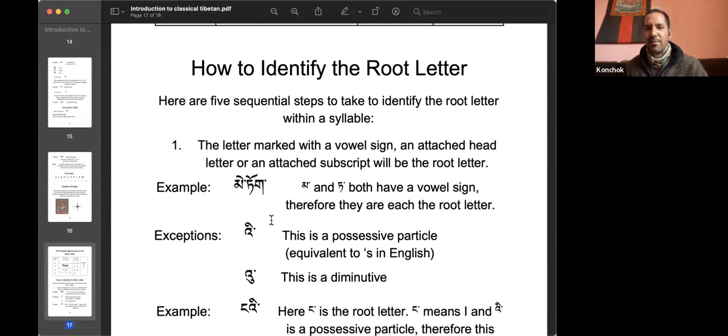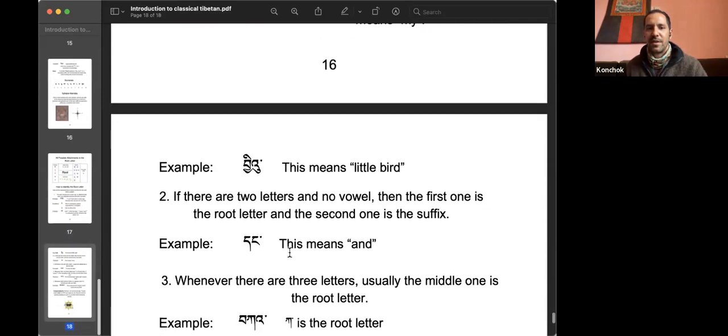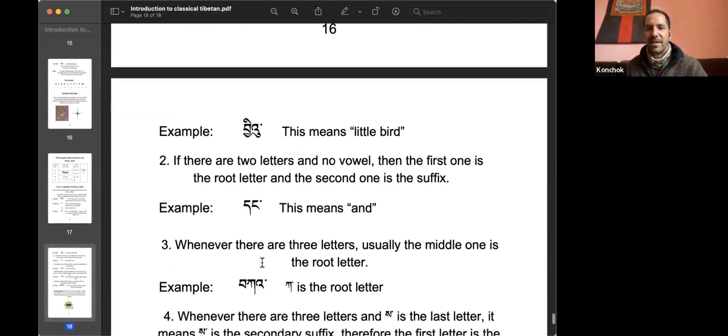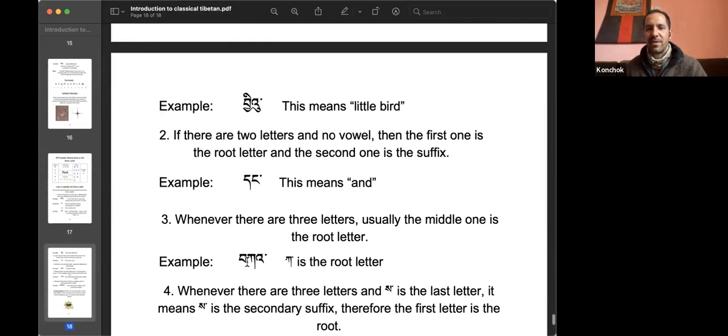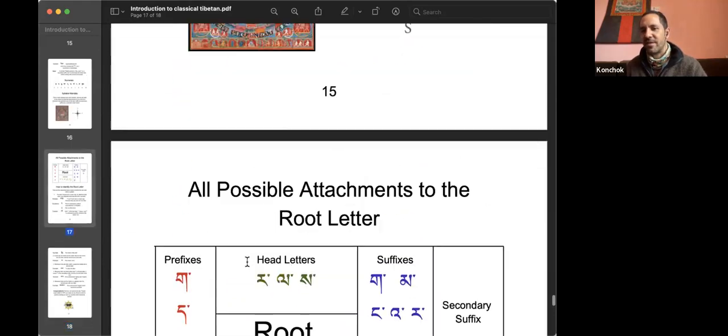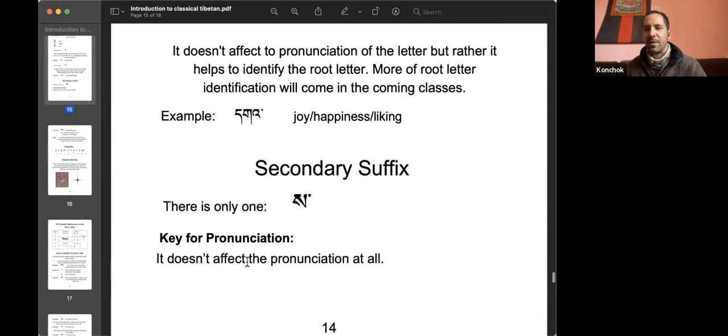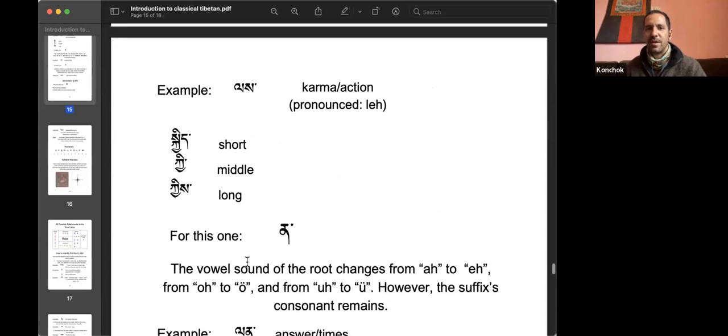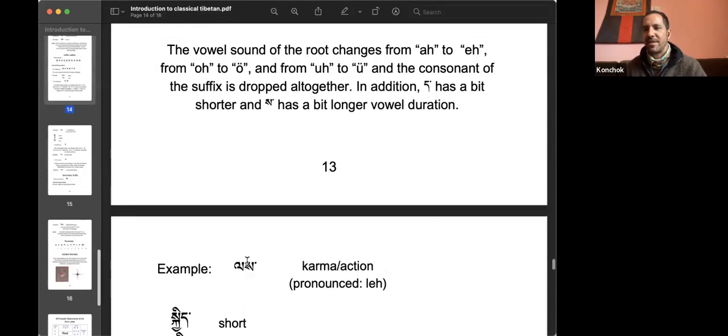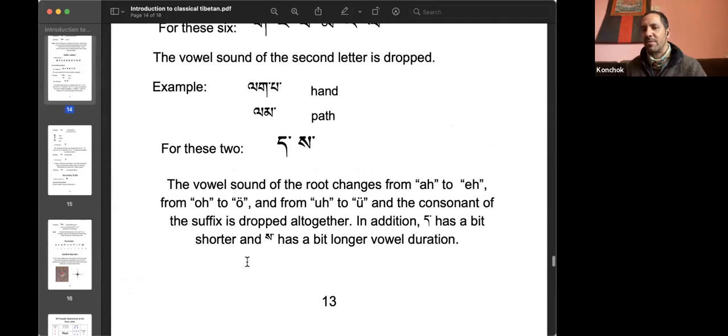There are, I think, 4 or 5 points: how to identify whichever has a vowel sound, or whichever has any attachment. You can scan through that. We will cover that properly after we finish all the rules, but every time there is an attachment to something, that is the root letter. An attachment meaning something on top or underneath, or the vowel marker.